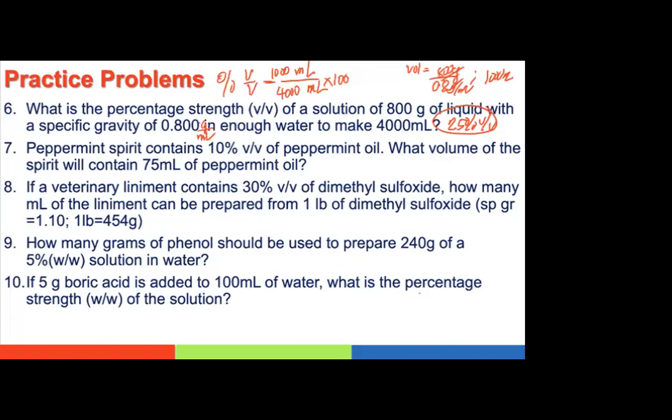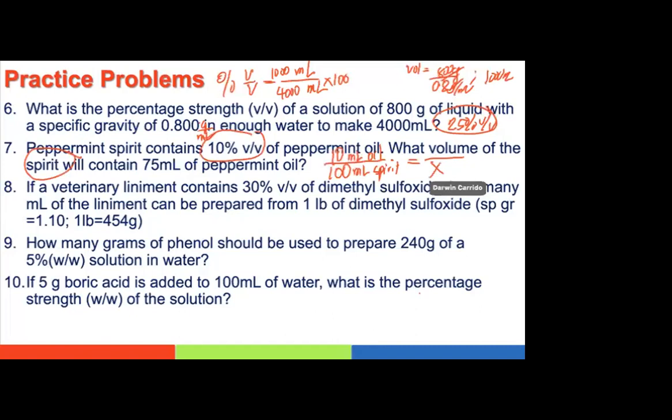Okay? So, let's use ratio and proportion technique. So, 10% volume by volume, that means 10 ml of the oil over 100 ml of spirit. Tama? Anong tinatanong? What volume of the spirit? So, ano yung X mo? Numerator or denominator?